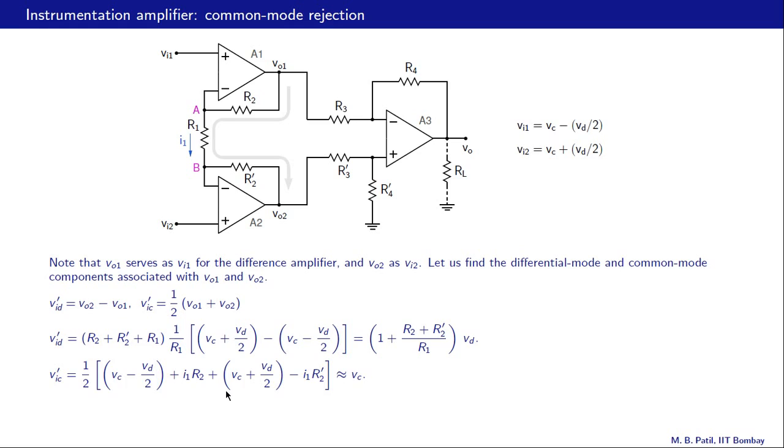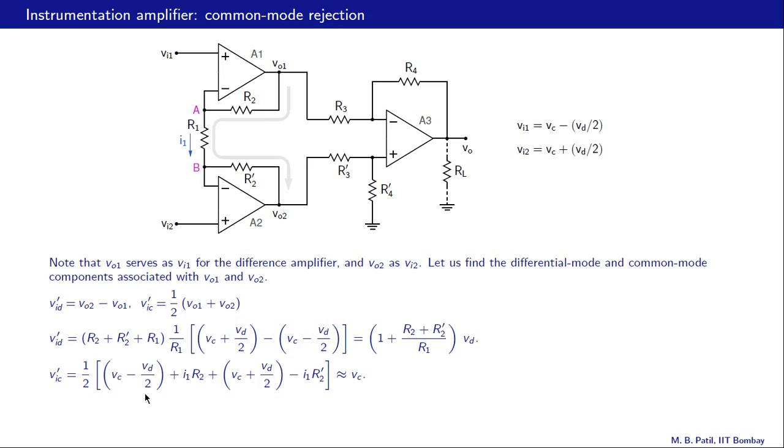Let us now look at the common mode voltage seen by the difference amplifier, and that is half of VO1 plus VO2. What is VO1? It's VA plus this voltage drop, that is I1 times R2, and VA is VI1, which is VC minus VD by 2.